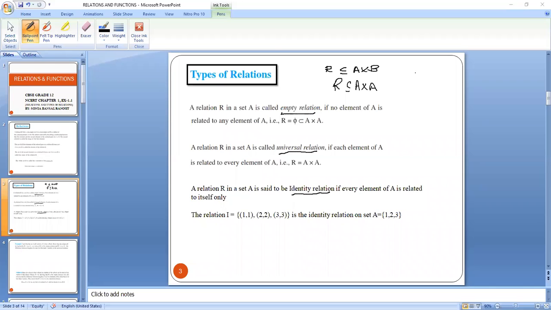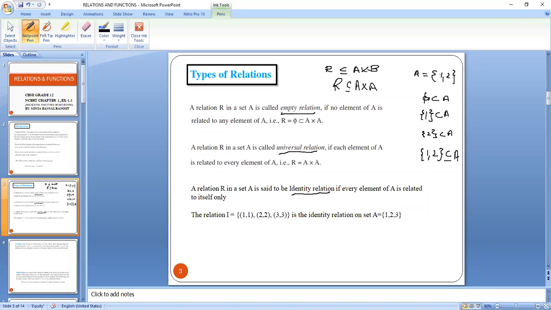Now, when we are taking a set A, right? Set A is equal to {1, 2}. What are the subsets of A? Subsets of A will be phi, which is a subset of A, and it could be {1}, which is a subset of A, and it could be {2}, which is a subset of A, and it could be the set {1, 2}, which is A itself, which is a subset or equal to A, right?